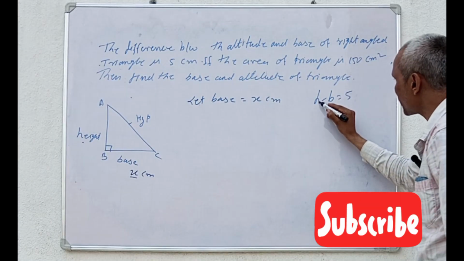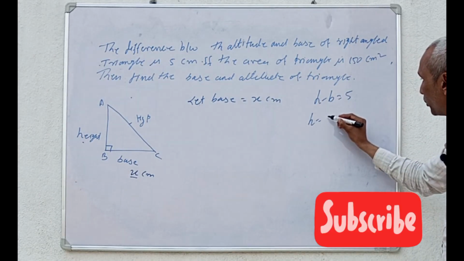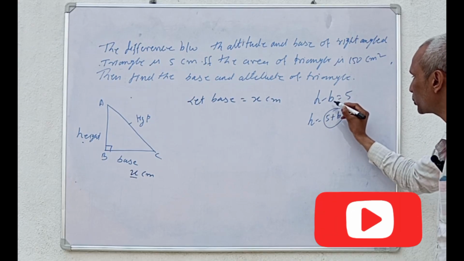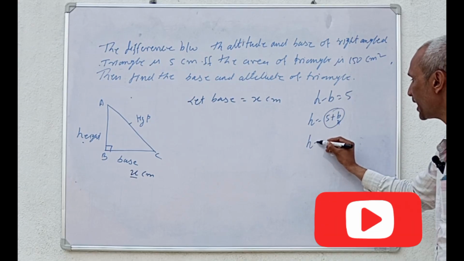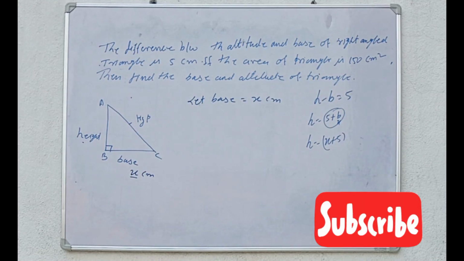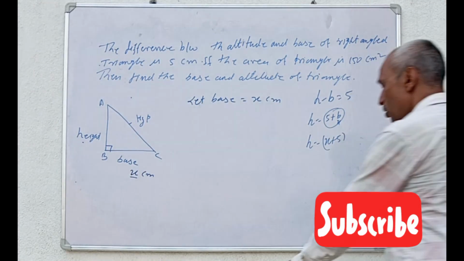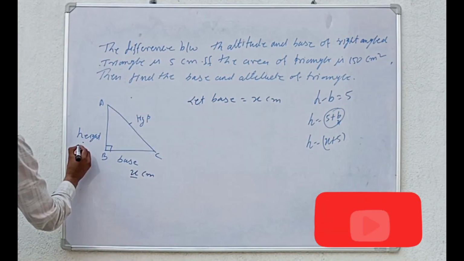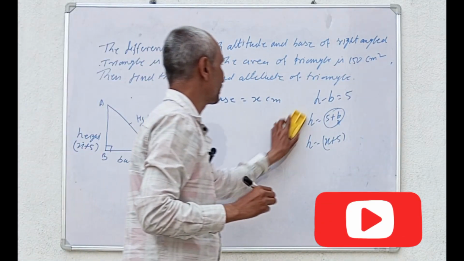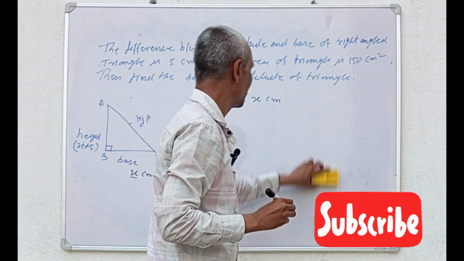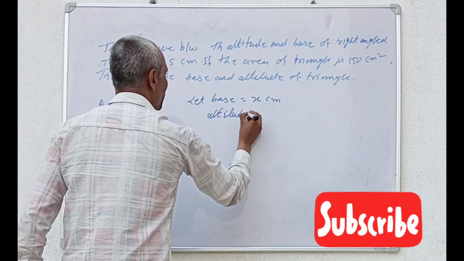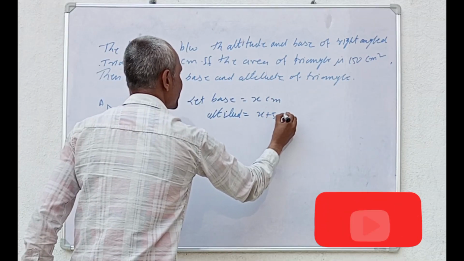Then height h is equal to 5 plus b, and b is x. So height is x plus 5 centimeter. Altitude is equal to x plus 5 centimeter.